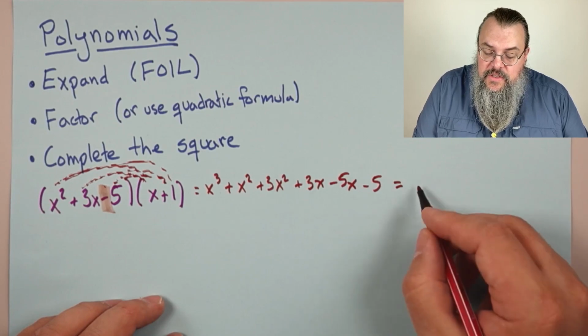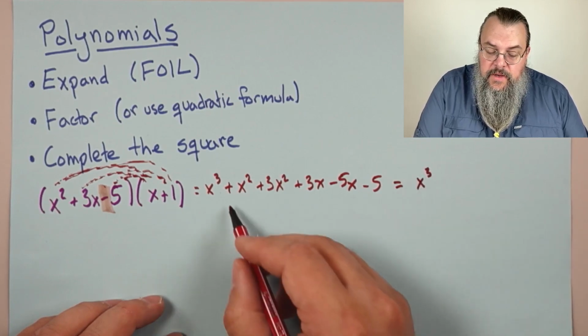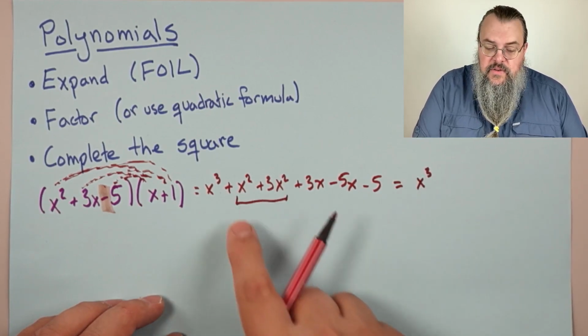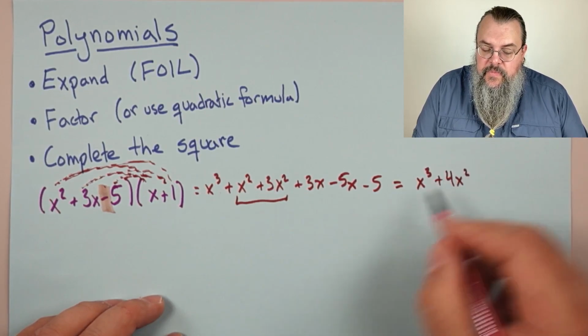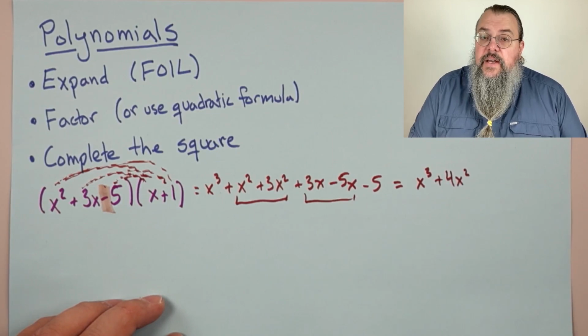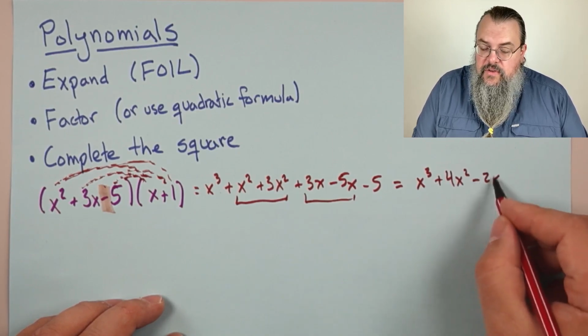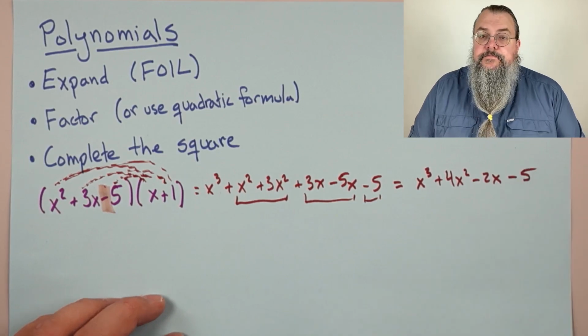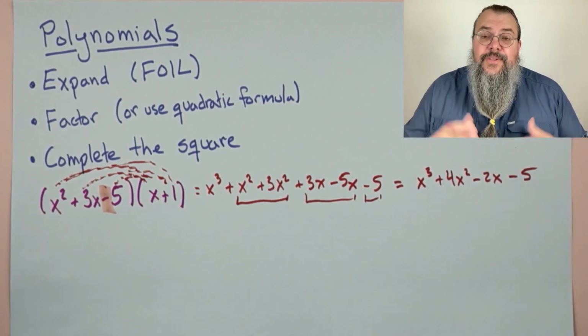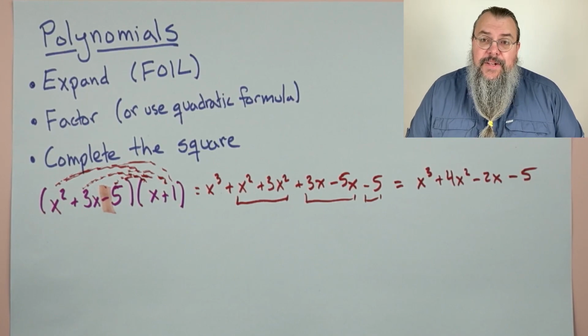So we have just a single x cubed. We have 2 x squared terms. So there's an x squared and a 3x squared. That makes 4x squared. We have a 3x subtract 5x. That's minus 2x. And then we have a minus 5. And there we go. So that's an example of expanding.